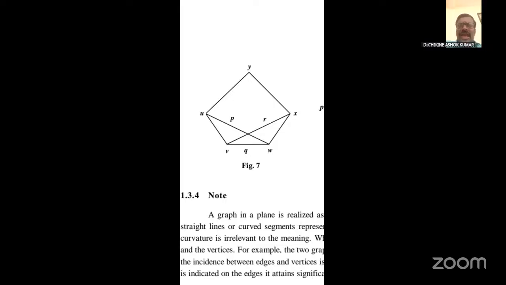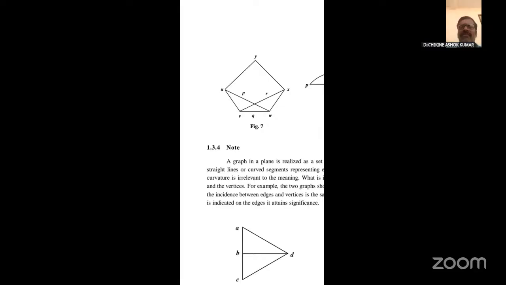In this I am taking the vertices V, W, X, Y, U, and the edges are V to W, which I am indicating with Q, V to X, which I am indicating with R, and W to U, which I am indicating with the edge P. So in this graph, V, W, X, Y, U are the vertices, and Q, R, P are the edges.